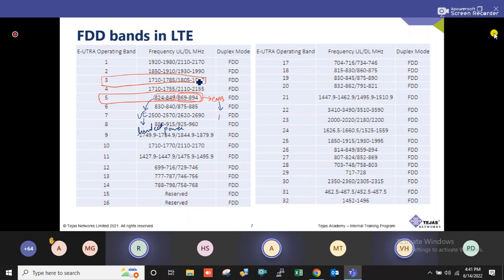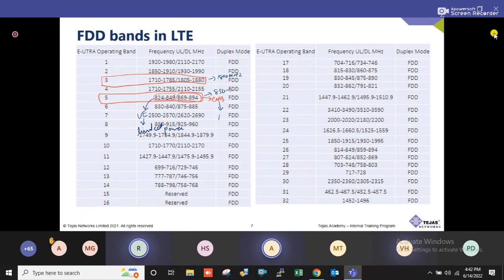Similarly, here the downlink has the higher range and the uplink has the lower range. As we discussed earlier, the 800 band, or 850 band, will have a higher coverage when compared to band 3, which is the 1800 band, 1800 megahertz. But the advantage in the 1800 band is that it has a bigger space, so the carrier bandwidth allocation can be more when compared to the 850 band.